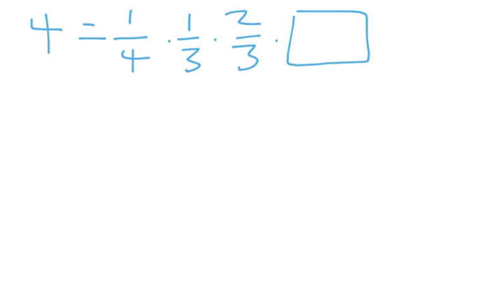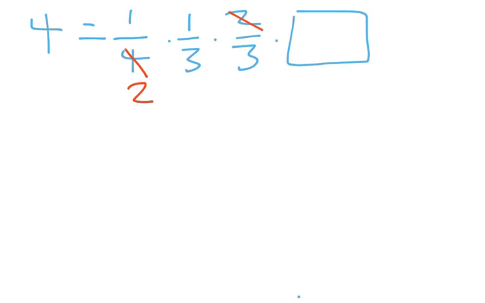Let's start by multiplying the fractions together. That's easy enough to do, especially if you notice first that there's some simplifying you can do. The denominator of the first fraction, the 4, factors as 2 times 2, so that the 2 in this numerator can divide one of the 2's in 2 times 2 and leave me with a factor of 2.